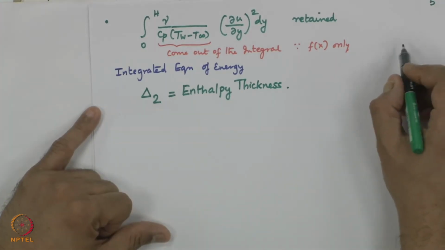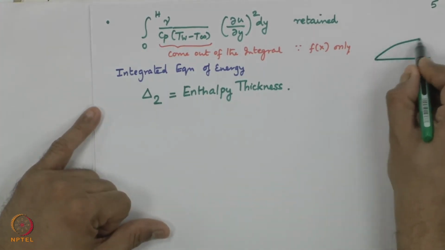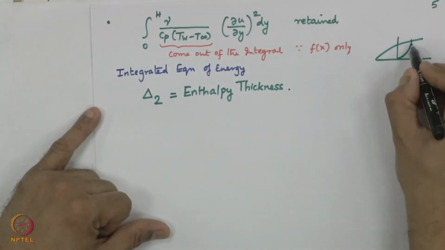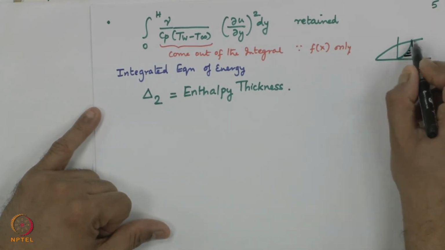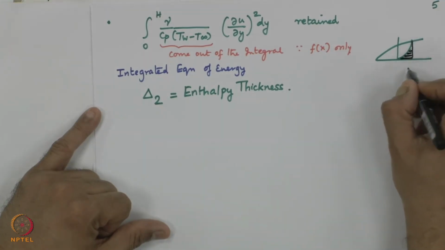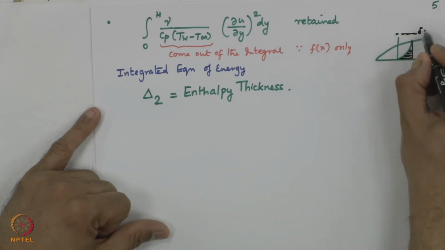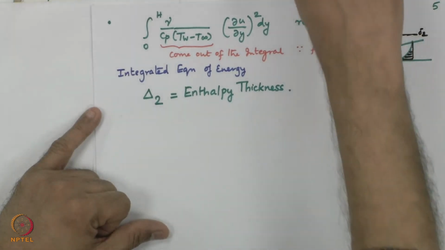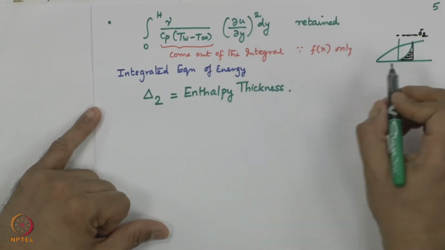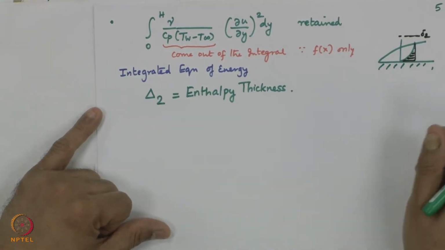The way of looking at it is the momentum deficit caused because of a velocity profile.